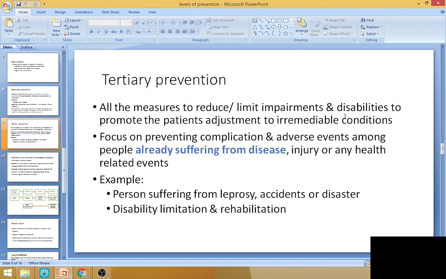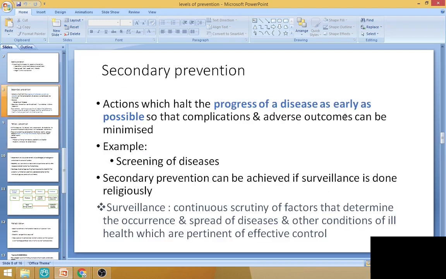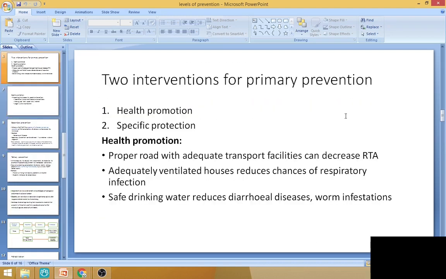Now here we have come across these terms: impairments, which cause disabilities, and disabilities. Impairment has a different meaning, disability has a different meaning. We will come to that. What you have to remember here is that when you are asked to mention the intervention in primary level, you have to tell health promotion and specific protection.